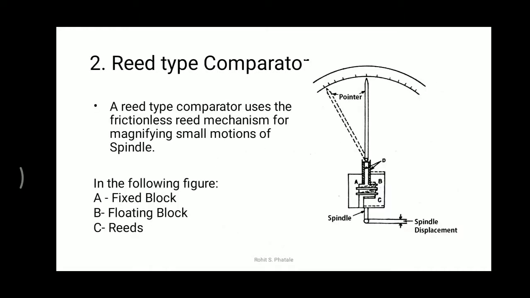And you can get the value of the displacement in the form of rotational motion, and you can easily find how much is the reading on the circular scale, shown by the pointer.